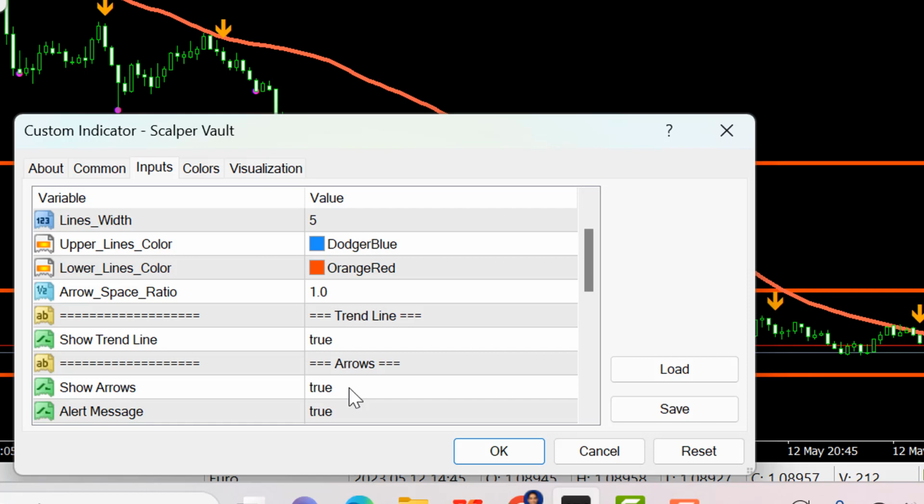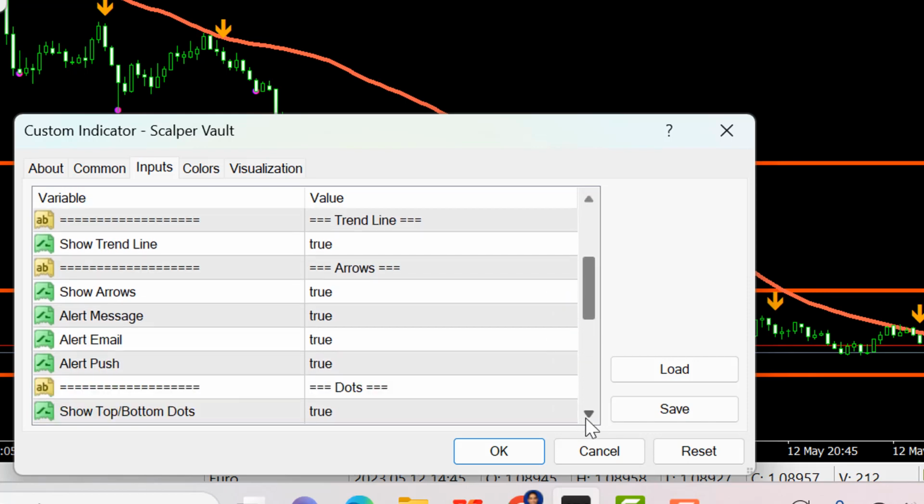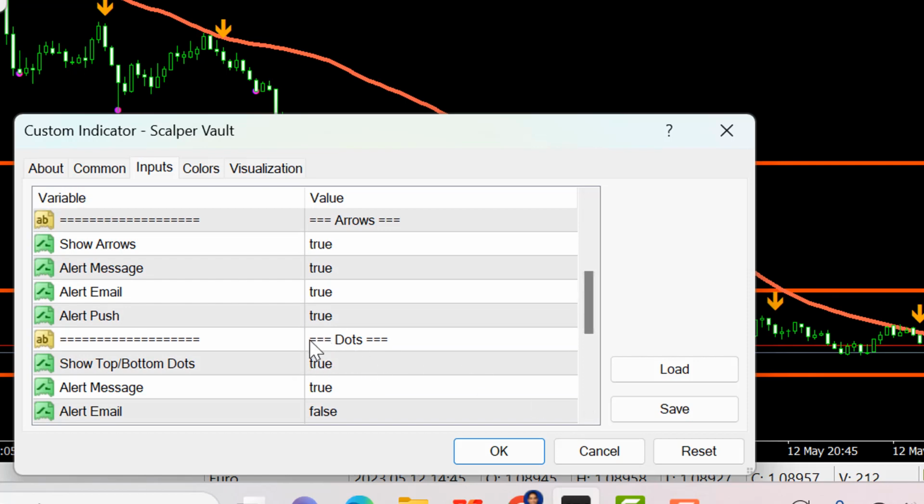Just follow the instructions, and you will be able to have positive results, and in the end you will be a successful trader. That's a guarantee. Another feature of this indicator, as I have said, are the dots. This can be used as your signal when to close your open trade.